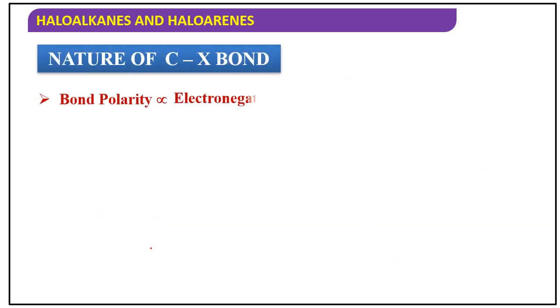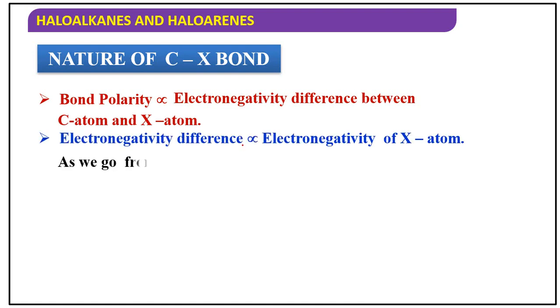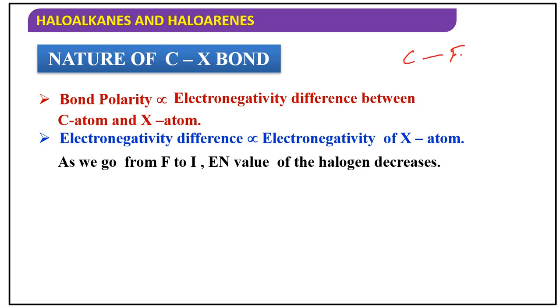Next, bond polarity. It is directly proportional to the electronegativity difference between carbon and halogen atom. One side, carbon is fixed, the other side, halogen is changing. So if the halogen electronegativity is more, obviously the polarity is more.